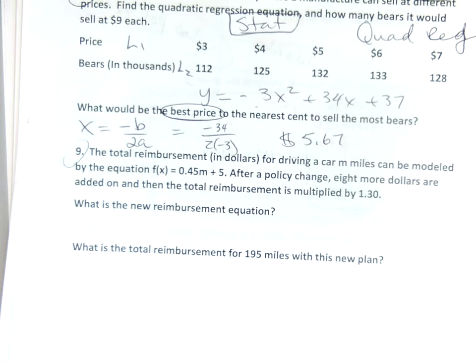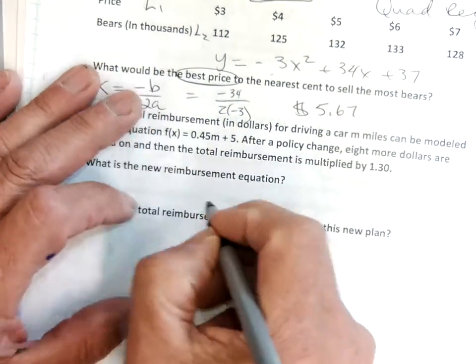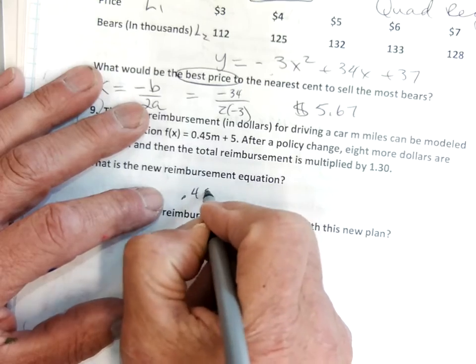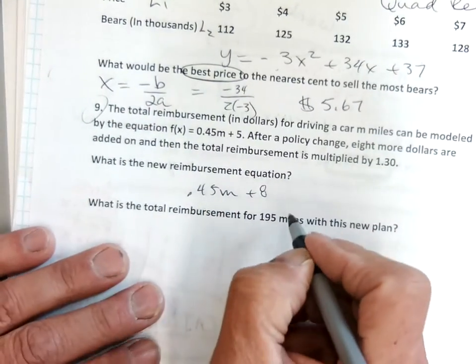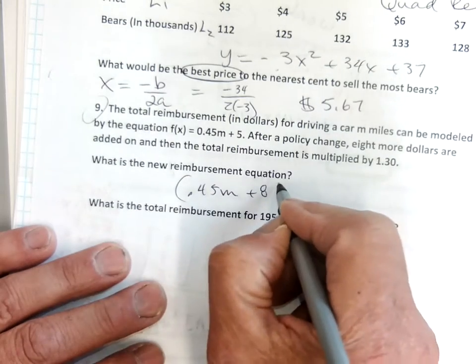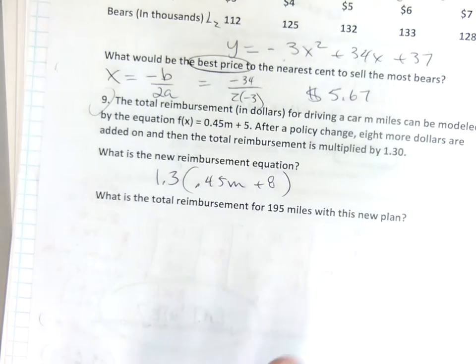And then we'll multiply the total reimbursement by $1.30. So what I'm going to do is add in the 8: 0.45m plus 8. And then the total reimbursement, we're just going to multiply the whole thing by 1.3. So we're going to increase it. We're going to make more money. So what's my new equation?